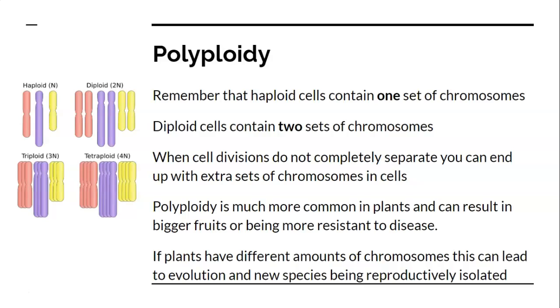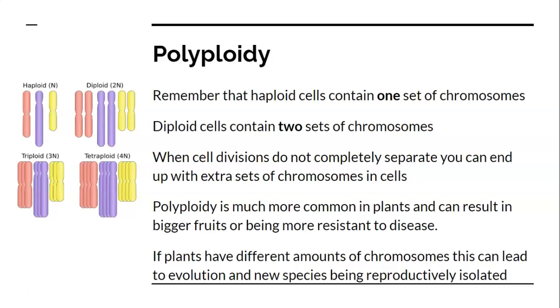So we're switching gears again, reiterating polyploidy here. So polyploidy is when you have more than two full sets of chromosomes in cells. As a reminder, polyploidy is very common in plants.